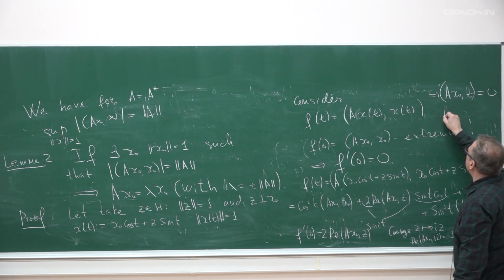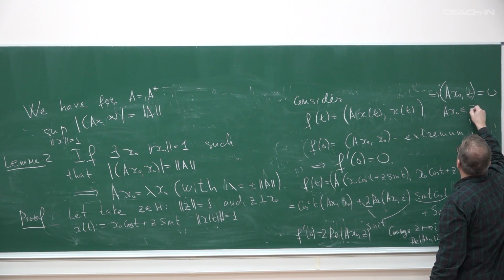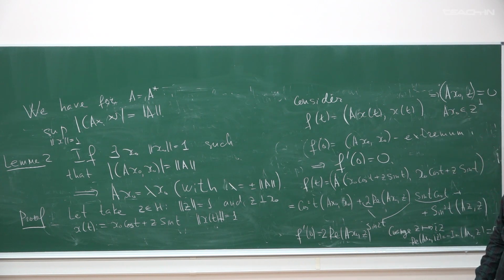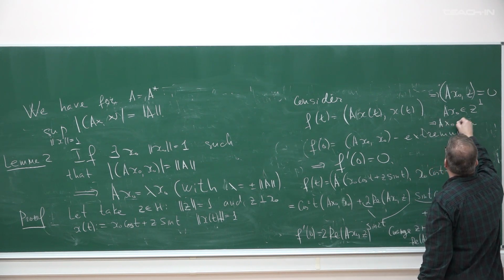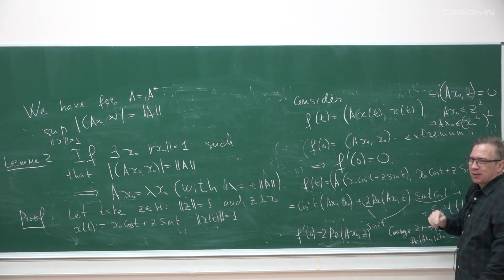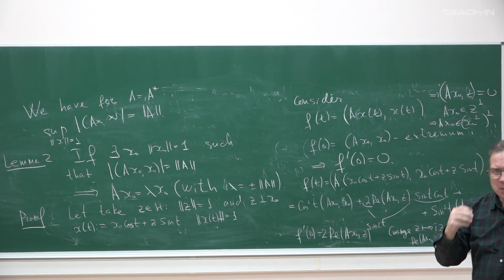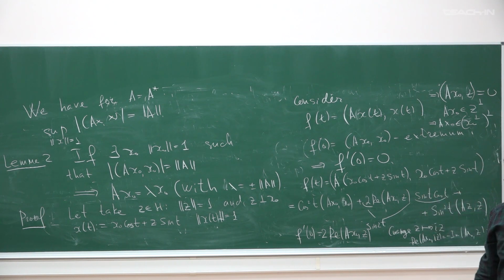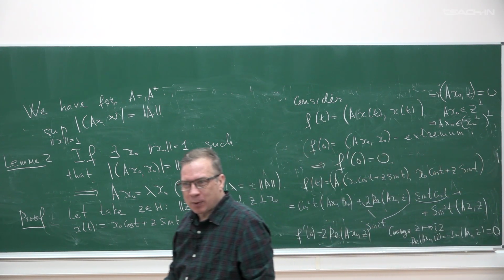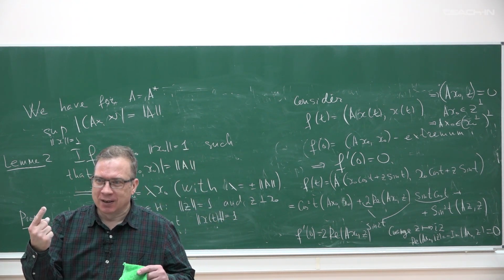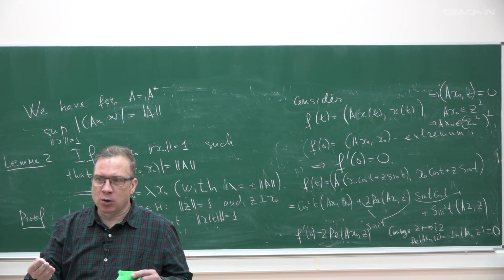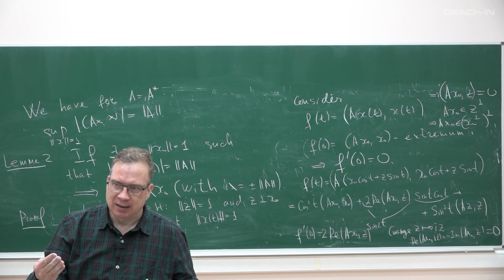So A x0 belongs to the orthogonal complement to z. But z was orthogonal to x0. So A x0 lies in the second orthogonal complement to x0. And we know what the second orthogonal complement gives us. It is not the same as the set, because I take one point and I can consider the second orthogonal complement to any arbitrary set.